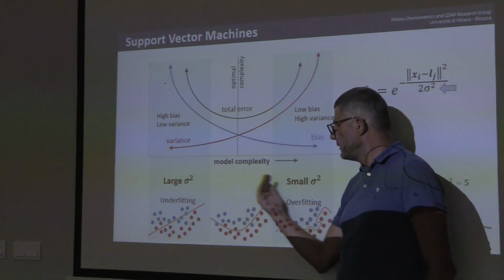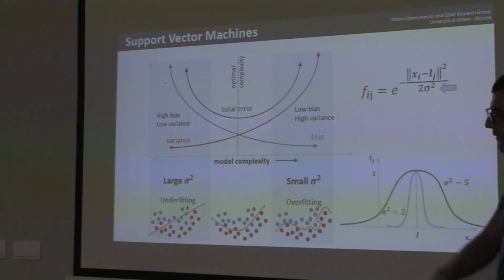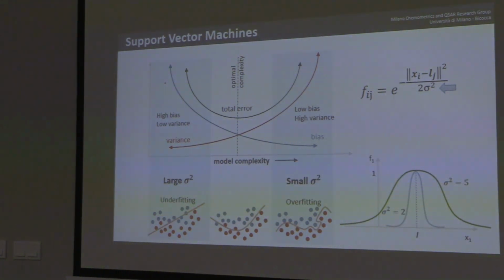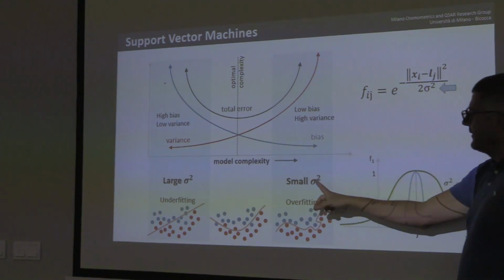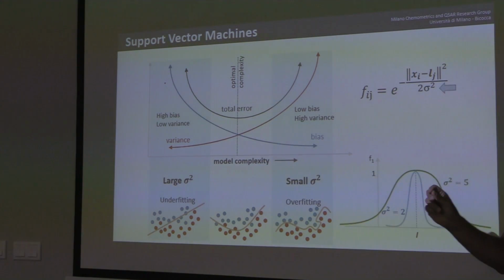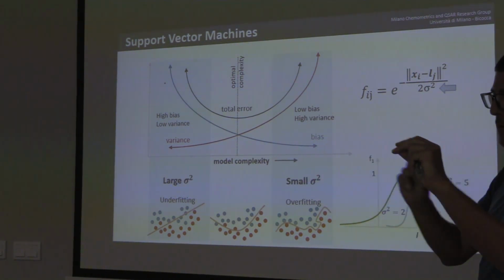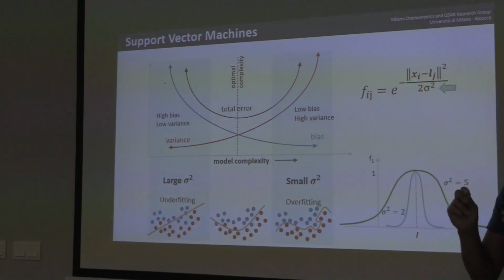Honestly, between the two situations, I would prefer to stay here, instead of overfitting. Anyway, this is the effect of sigma. Here things get more complicated because if you want to use it in a nonlinear way, we have two parameters to control.